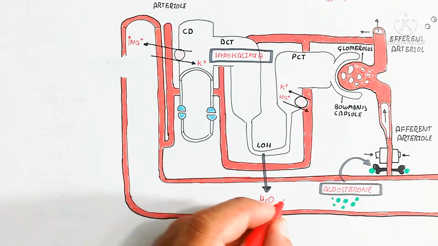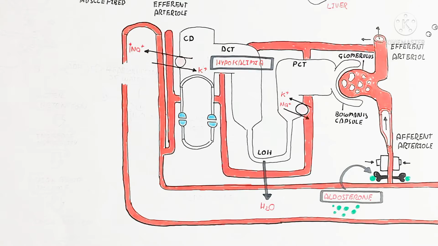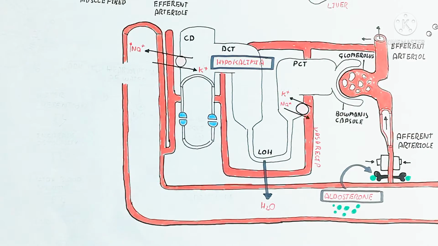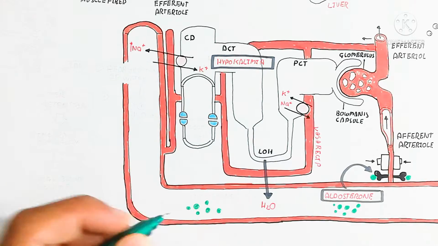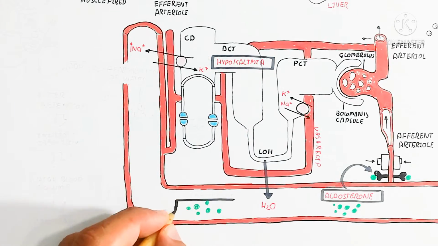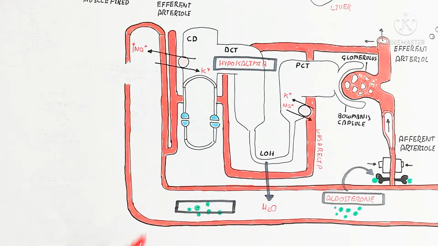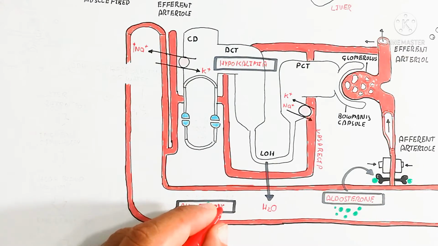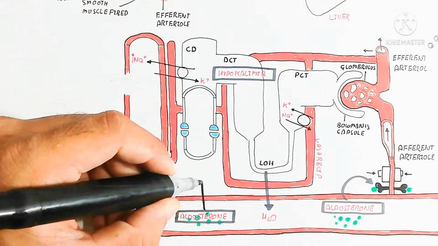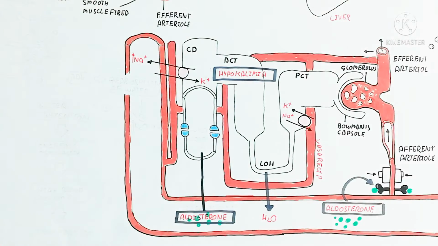So the loop of Henle will also reabsorb the water via a vasa recta, which is the efferent arteriole wrapping around the nephron. So the aldosterone is also important for the production of aquaporin channel 2.